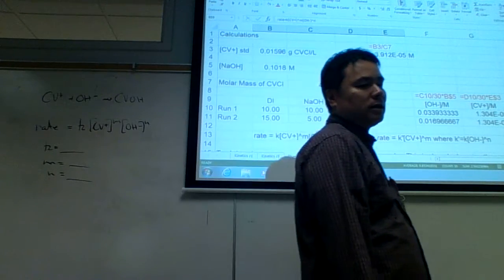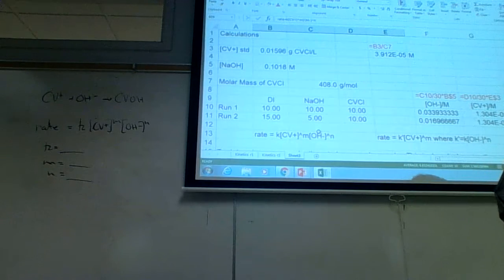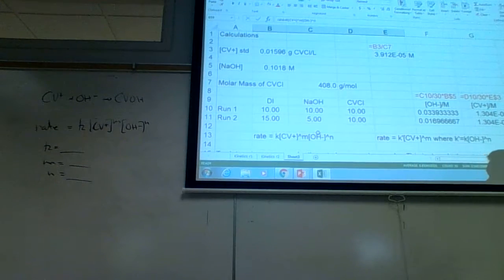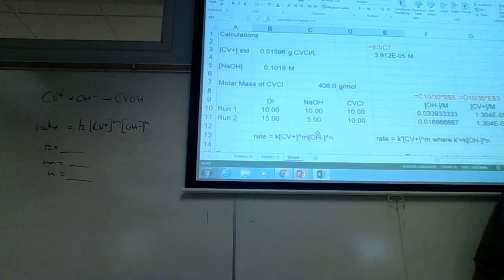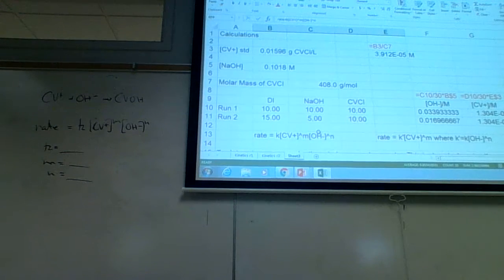Well, there are different techniques for figuring out the rate law. And so let's take a look at the data that we have collected for this experiment.